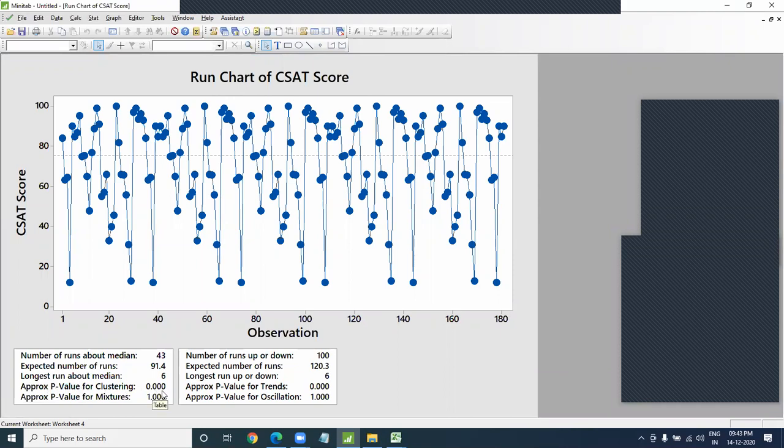This has confirmed that there is a clustering issue in the data because it's less than 0.05. There is a trend issue in the data as well. So we have 2 patterns. Oscillation is also not there. So this data has become non-random because of clustering, because of trend. Both these patterns are present in the data, which is making it non-random.